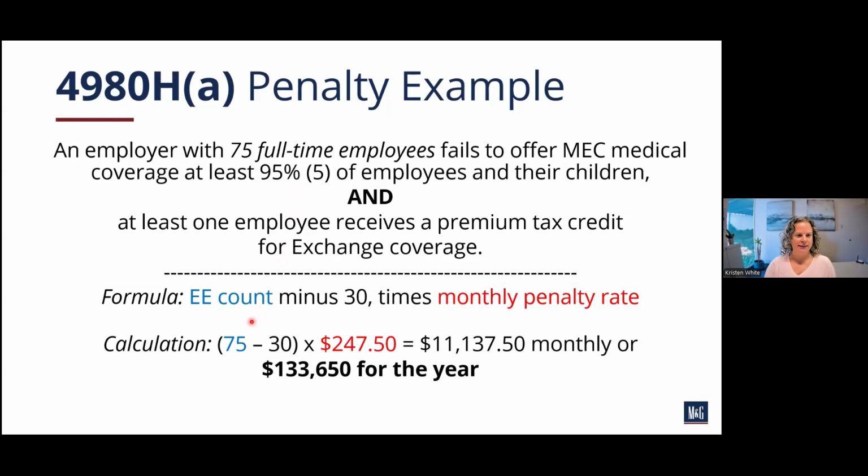So our formula, we take our total full-time. IRS does give us a little buffer. We get to take off 30 people, so that does help. And then the penalty rate for 2024, we got the 250. So that can mean over 11,000 a month. So if we have that for all the months, then you have over 130,000 for the year.